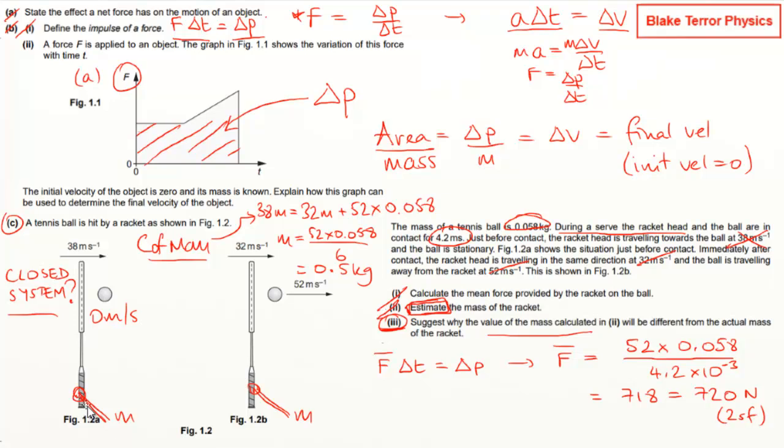Because we don't have all this extra mass in the tennis player, some of the momentum is going to be transferred to and from the tennis player. So you're going to have a momentum transfer. This is probably what you'd want to say in this last part of the question: a momentum transfer to and from the player. So we haven't taken that into account, so it's not included in part 2.